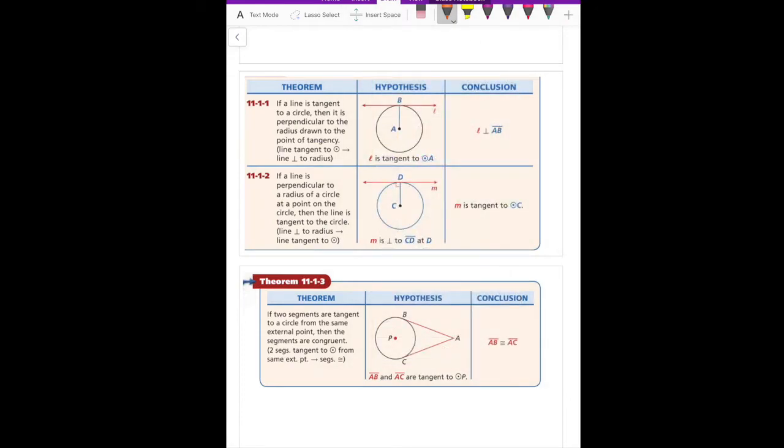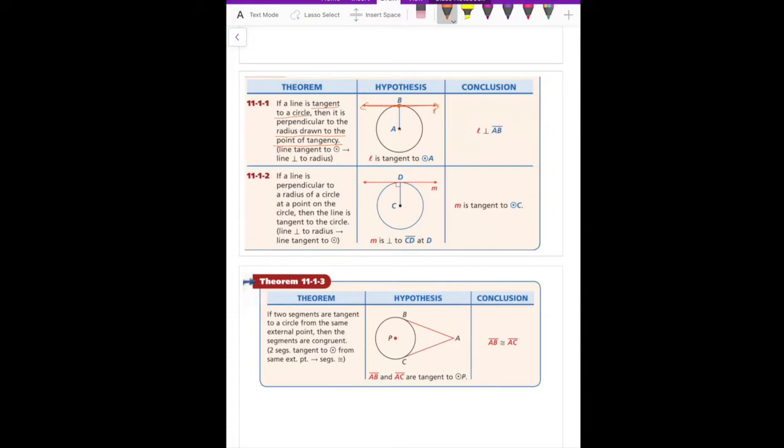If a line is tangent to a circle, then it is perpendicular to the radius drawn to the point of tangency. For example, this line is tangent to the circle, and if you join the center and the point of tangency, that is the radius.